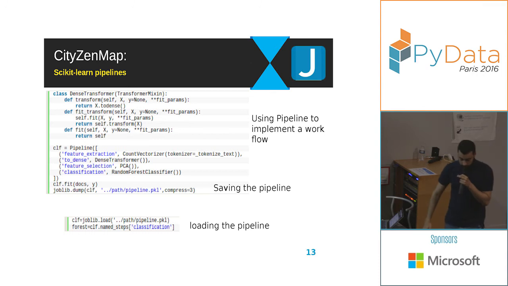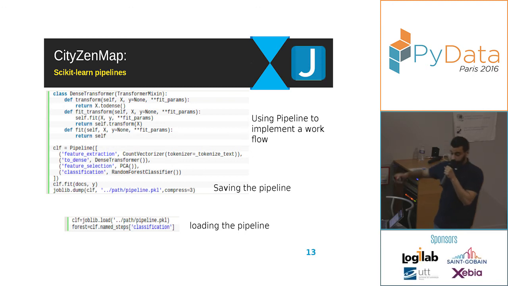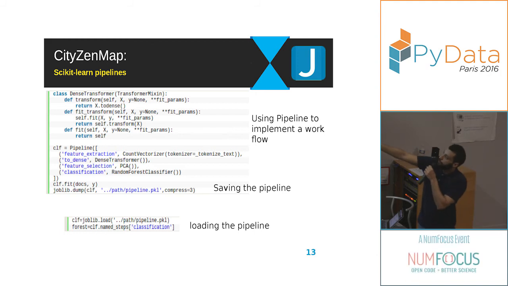This is a pipeline object. It's a scikit-learn object that allows us to implement a machine learning process or workflow. You can see here that with only 4 lines, I can do feature extraction, a transformation of data, feature selection, and the classification. Let's talk about DenseTransformer. DenseTransformer is an object that I have implemented, inherited from the TransformerMixin object of scikit-learn.